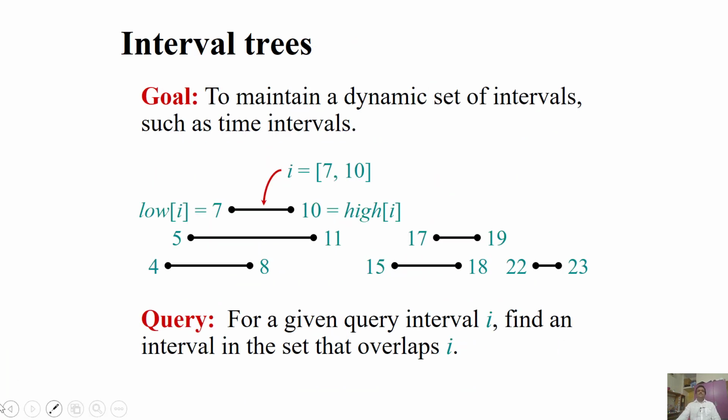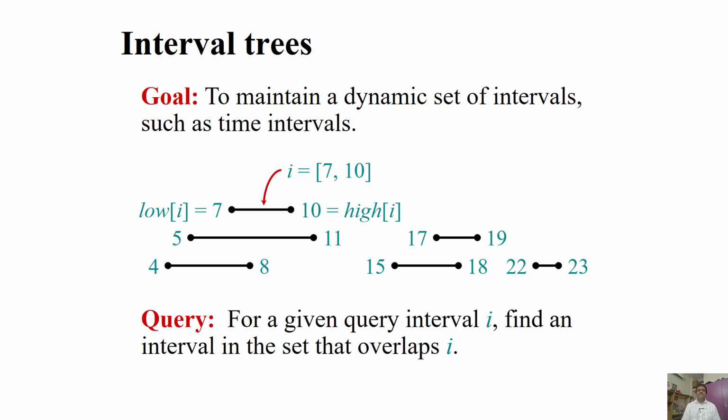Now let us take another problem and see how we can use the red black tree again as an underlying data structure. This problem is called the interval tree problem. So what is the problem?